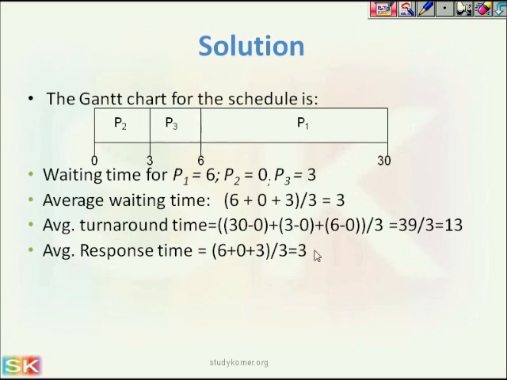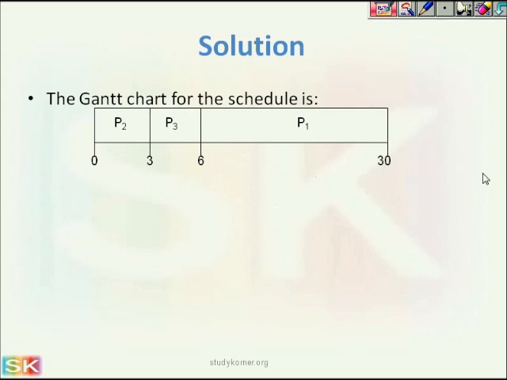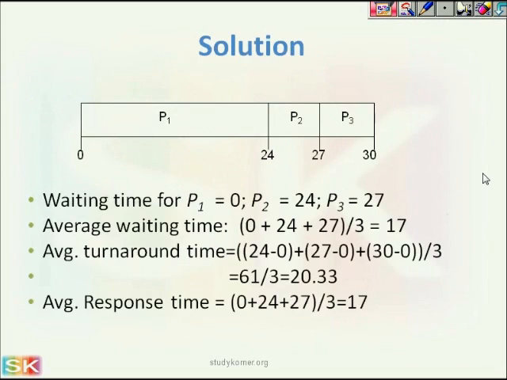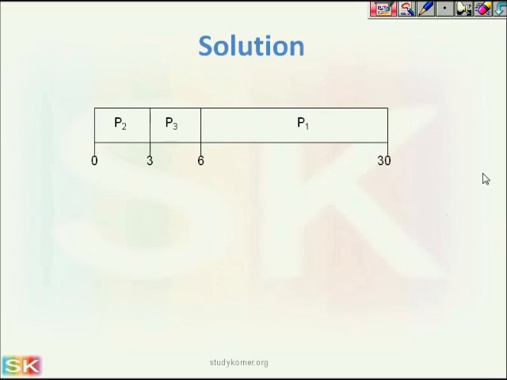Now if we compare the values of this problem with our previous problem, average waiting time was 17, average turnaround time was 20.33 and average response time was 17. So 17, 20.33 and 17.